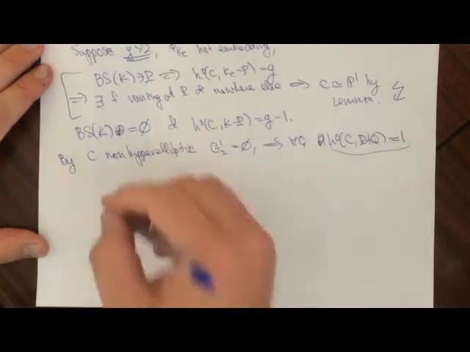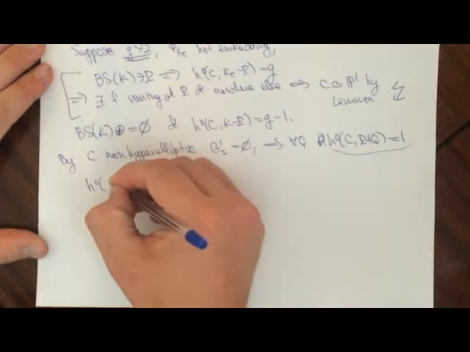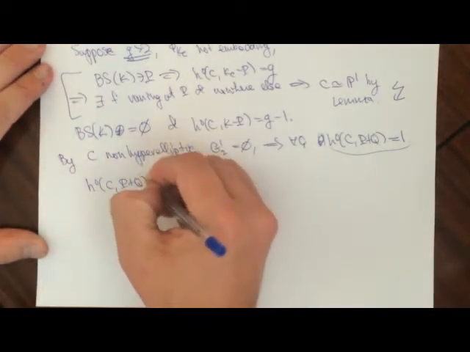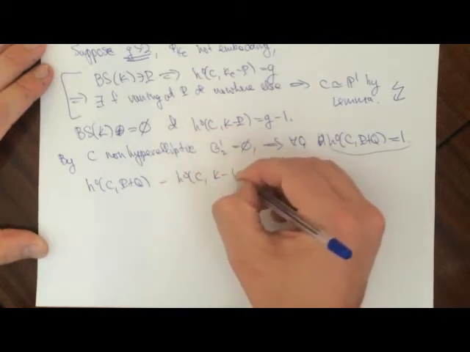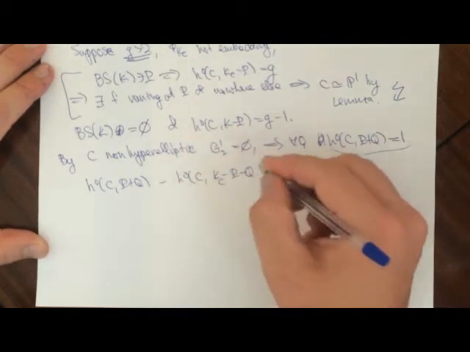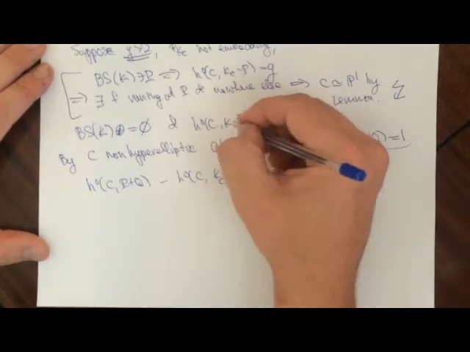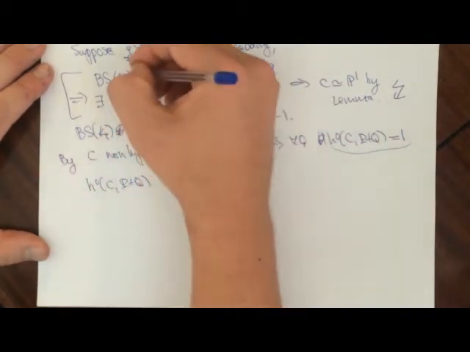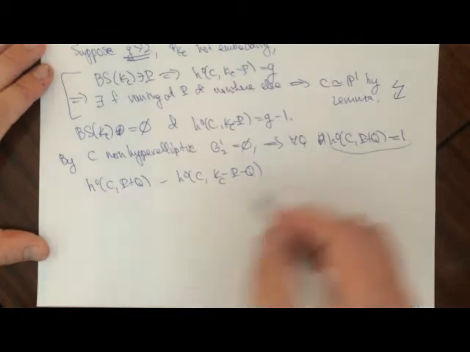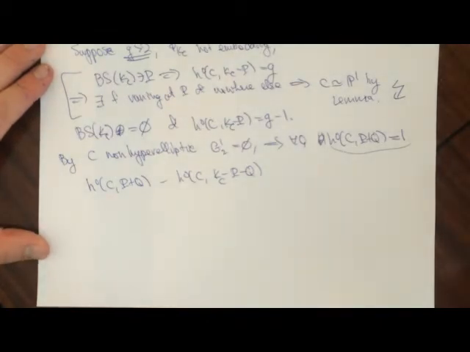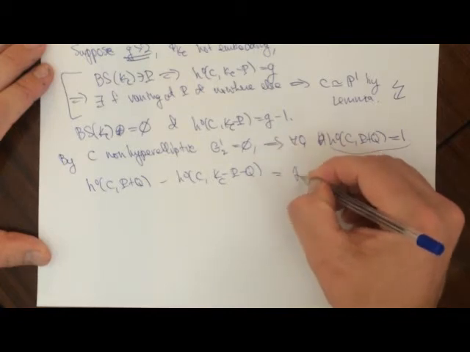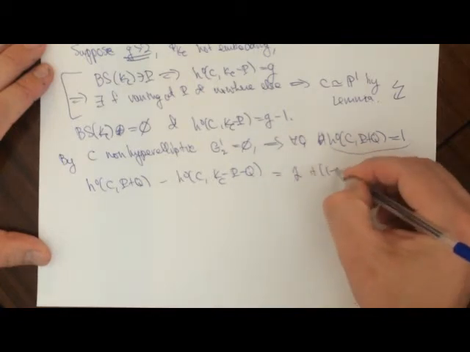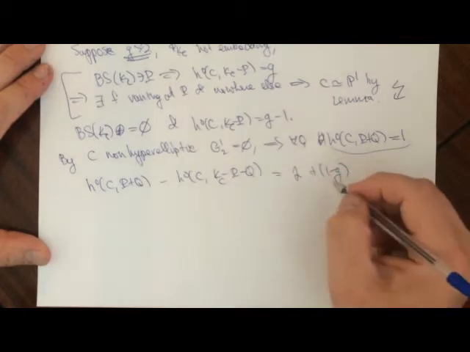Okay, so now we just do a little Riemann-Roch computation. H0 of O_C(P plus Q) minus H0 of K_C minus P minus Q. So this is the canonical. Okay, so there we go. And then this becomes equal to, so the degree is 2, and then we just use the Riemann-Roch formula, 1 minus g.